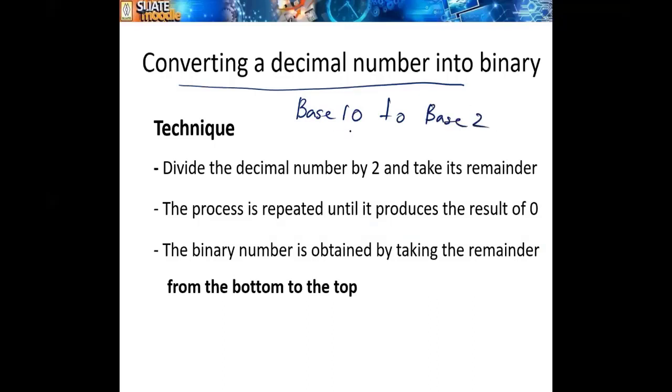The method is, divide the decimal number by 2 and take its remainder. Remainder means the balance. Repeat the process until it produces the result of 0. The binary number is obtained by taking the remainders from bottom to top.